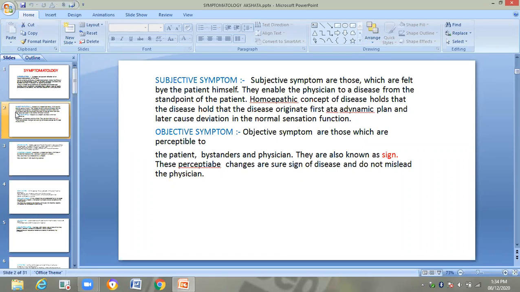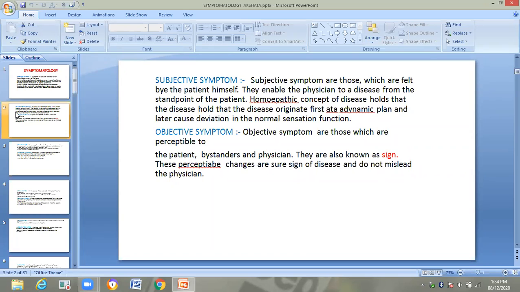And when there is derangement at the dynamic level, at the vital level, then first there is deviation in normal sensation and function.